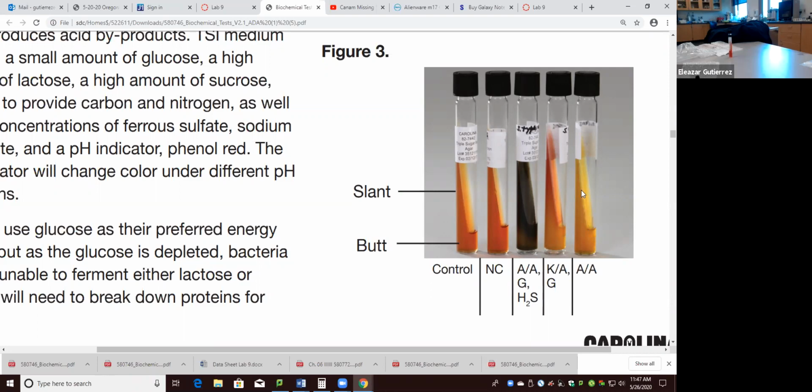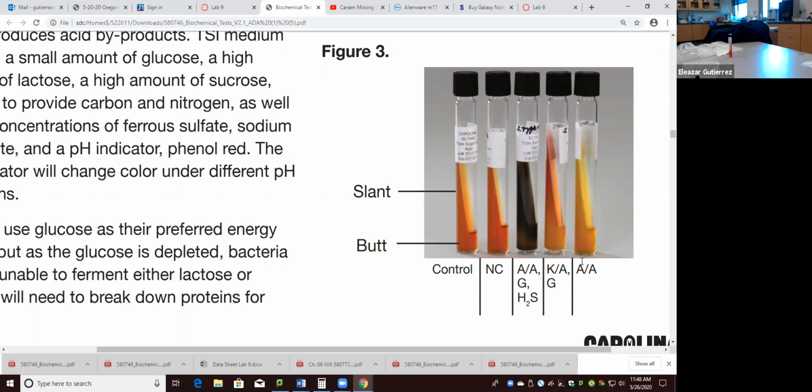Now, if the organism cannot catabolize the sugar, but can catabolize the protein in the media, then the amino acids in the media are broken down. Ammonia is released. Ammonia is basic in character, and that basic character turns the slant a dark red color. Again, the reason for this is because we have a pH indicator.